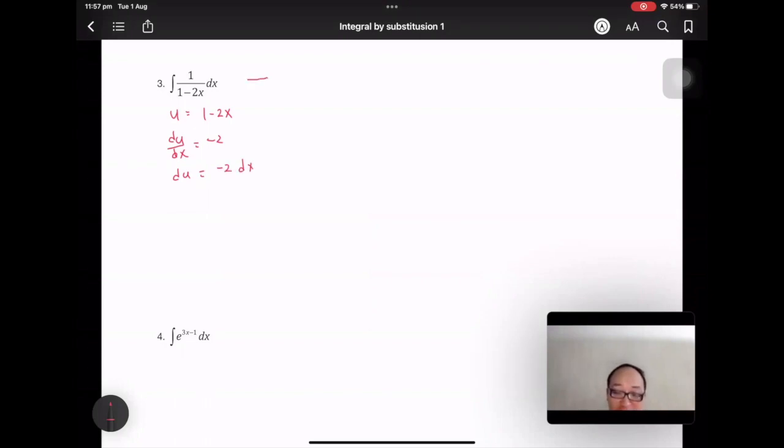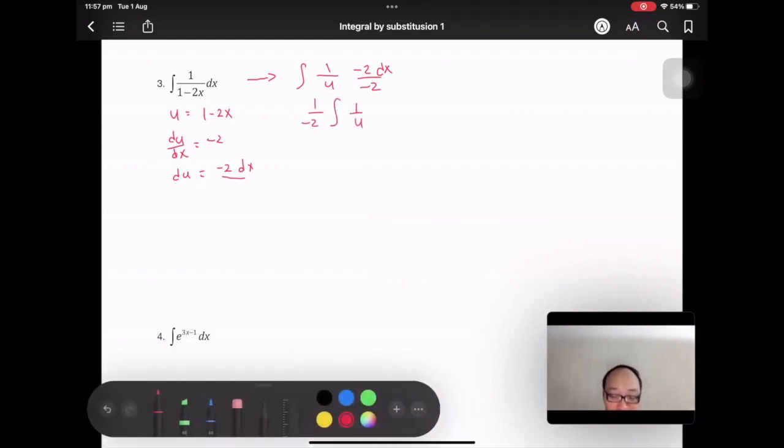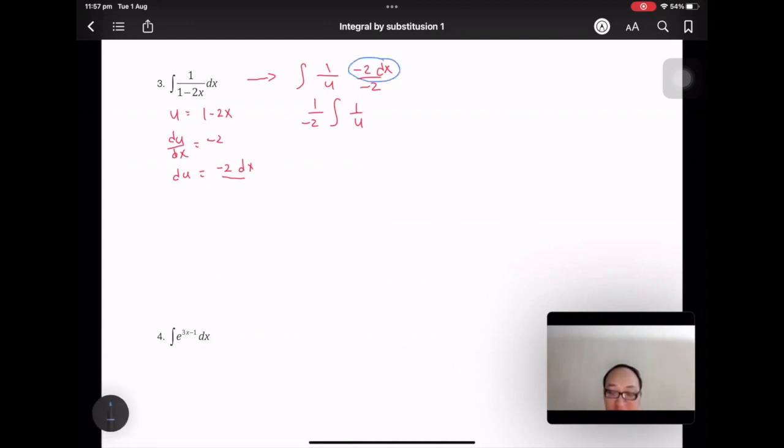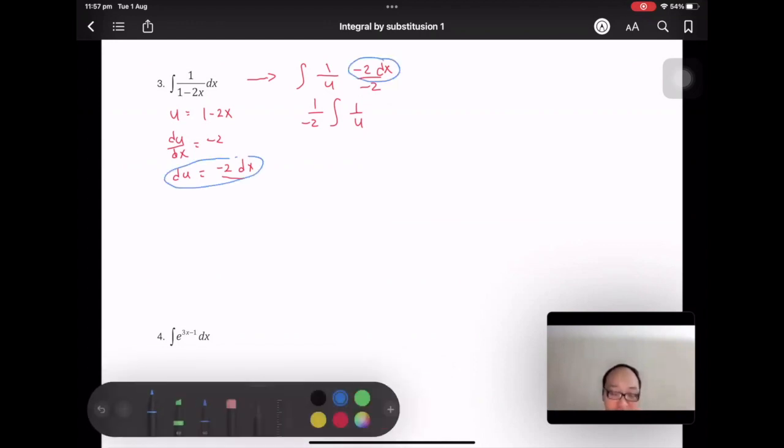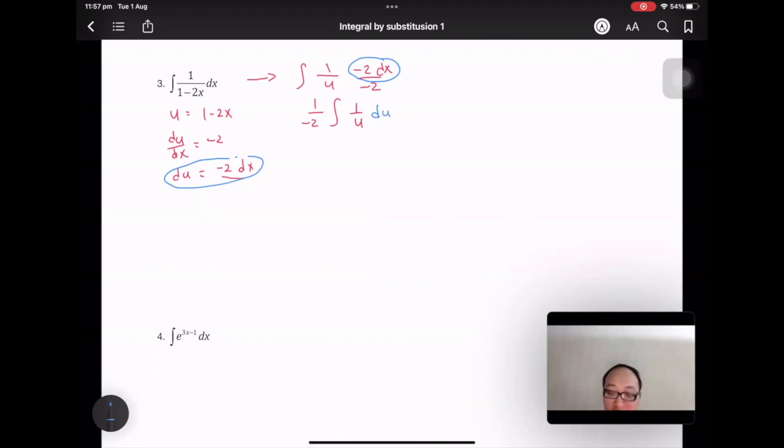So the expression now is changing into 1/u, and the dx, since we have -2 dx, I put -2 dx over -2. So I can bring the -2 to the front. So it's -1/2 integral 1/u, and the -2 dx is equal to du. So I change it to du.